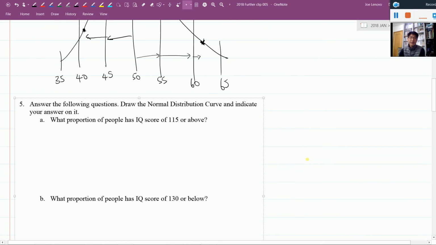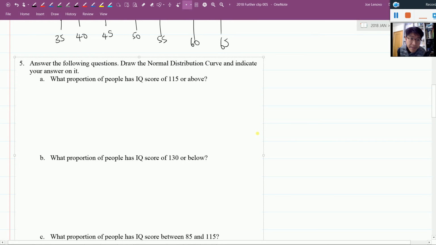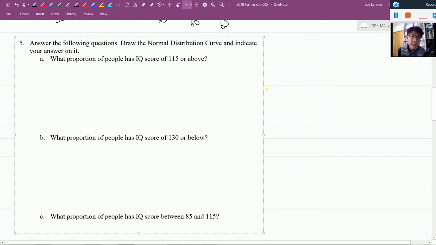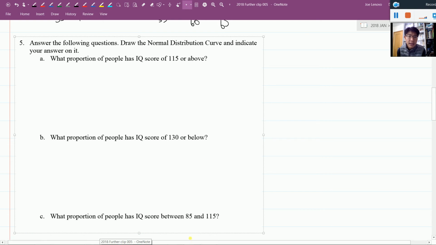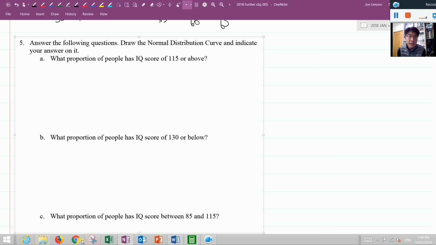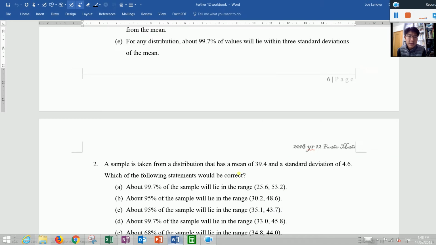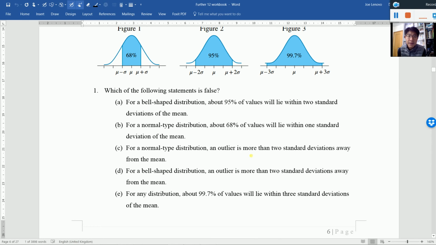The next question is question 5 on part B. What proportions as IQ score? Do I have? I think question 5 is missing. Missing information. So try to go back to look for them.